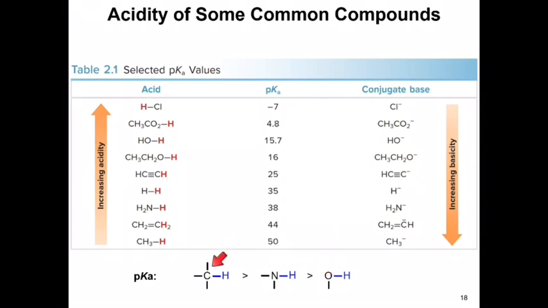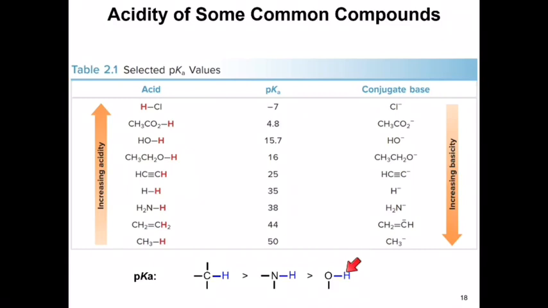So this is sort of related to electronegativity values. So we know that carbon is less electronegative than nitrogen, and nitrogen is less electronegative than oxygen. And so therefore, the more electronegative oxygen is pulling most of the electrons towards itself.